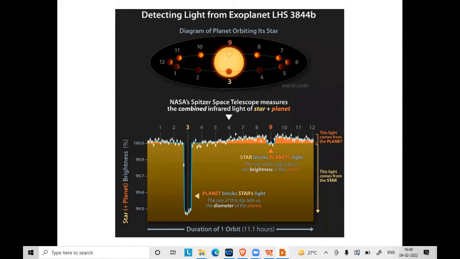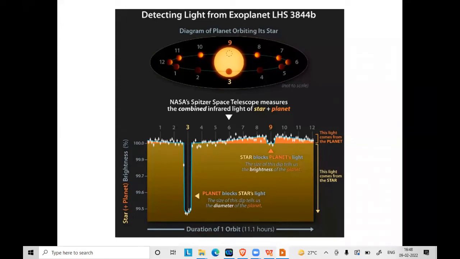If I'm looking at such exosolar systems, and if their orbital planes are somewhat parallel to our line of observation, then there is a possibility that we can detect planets around that star.